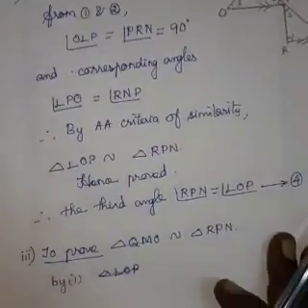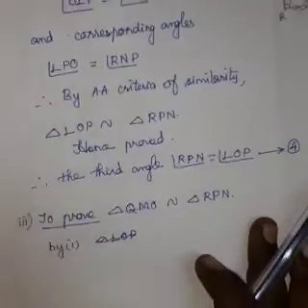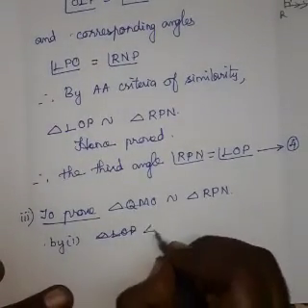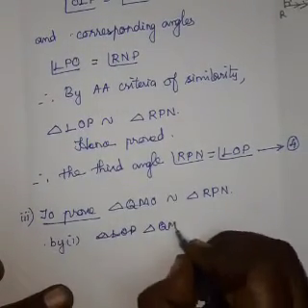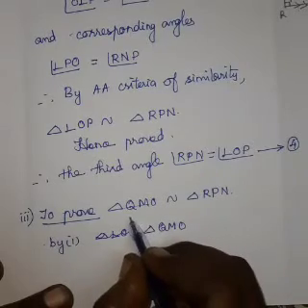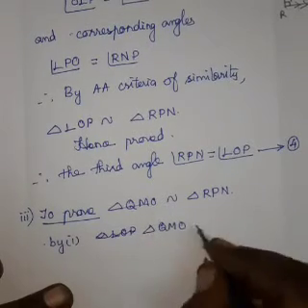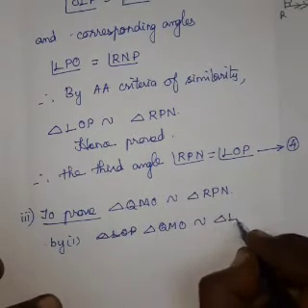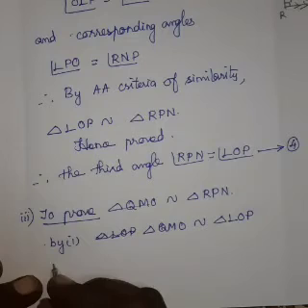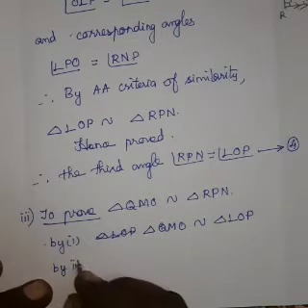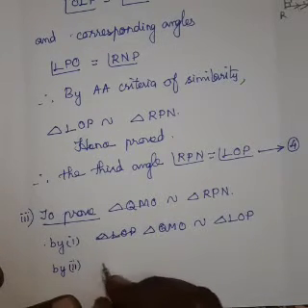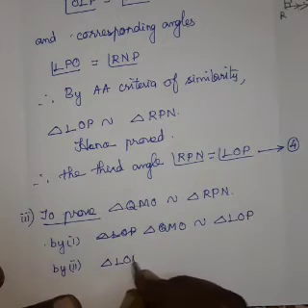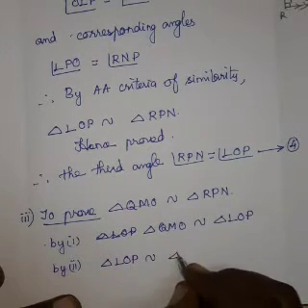So for writing this third answer correctly, we can write triangle QMO first, since here also left side triangle QMO is there, so triangle QMO we can write it first, similar to triangle LOP. Also by the second result we can write the same triangle LOP similar to triangle RPN.